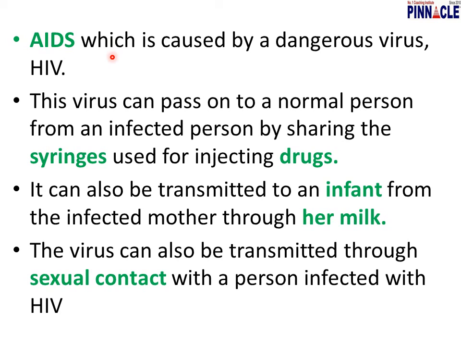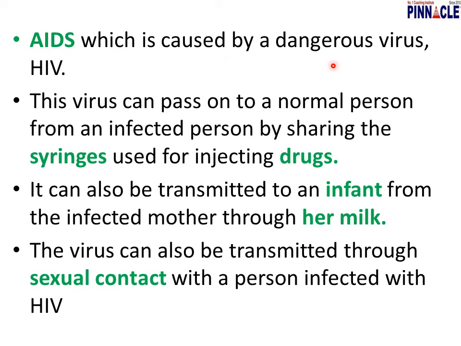Now, in the last 15 to 20 years, the entire world has been struggling with AIDS. However, I think this is in a controlled situation now. But why should adolescents read about AIDS at an early stage?